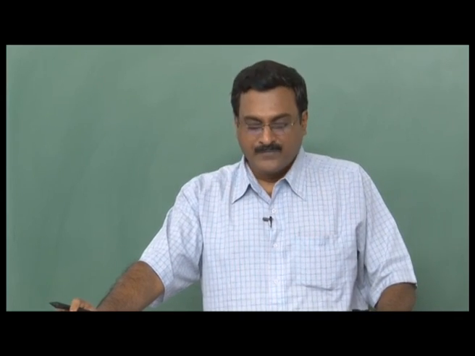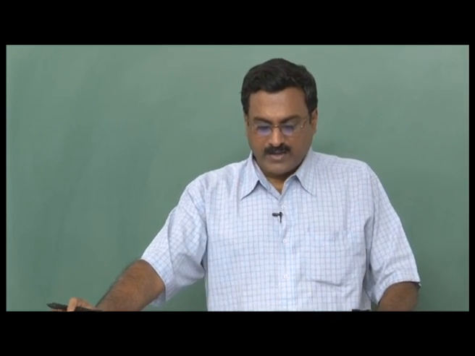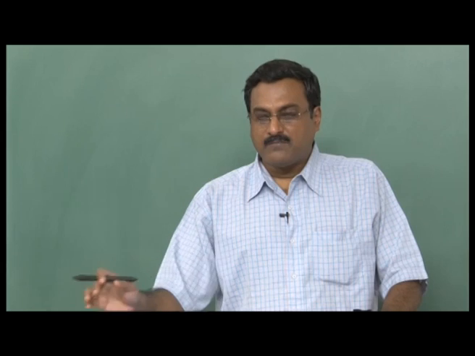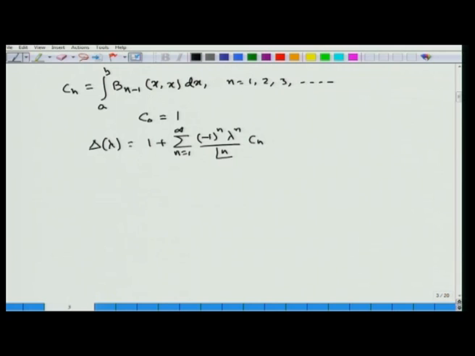This happens most of the time if we use separable kernels, that is, degenerate kernels. Then after the first few non-zero C_j, the rest will be equal to 0, and accordingly the B_n are also equal to 0. Therefore, instead of an infinite series for Delta(lambda) and D(x, s; lambda), most of the time we will have a polynomial containing a finite number of terms, because the rest of the terms are identically equal to 0.